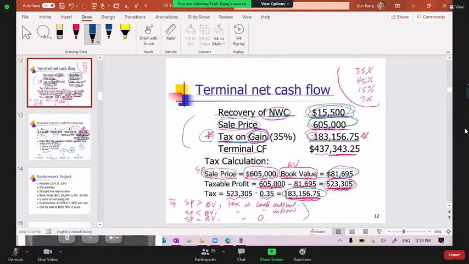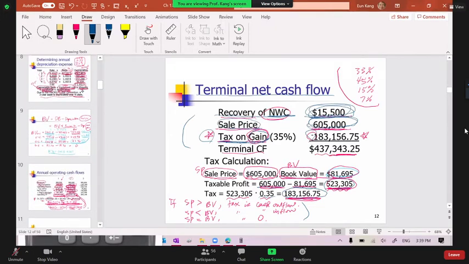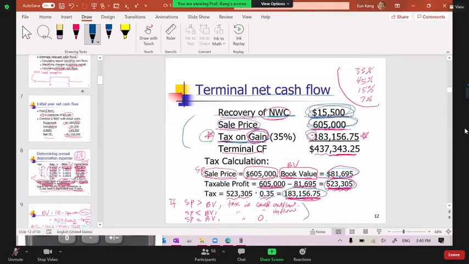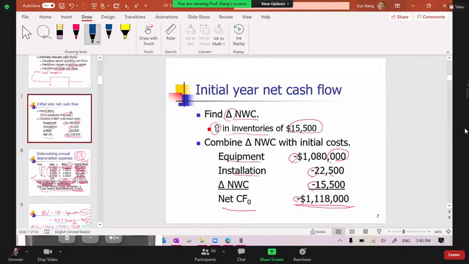As you see, 15,500 in the beginning is a change in net working capital, a negative cash flow, because an asset increase means a cash decrease, a cash outflow.